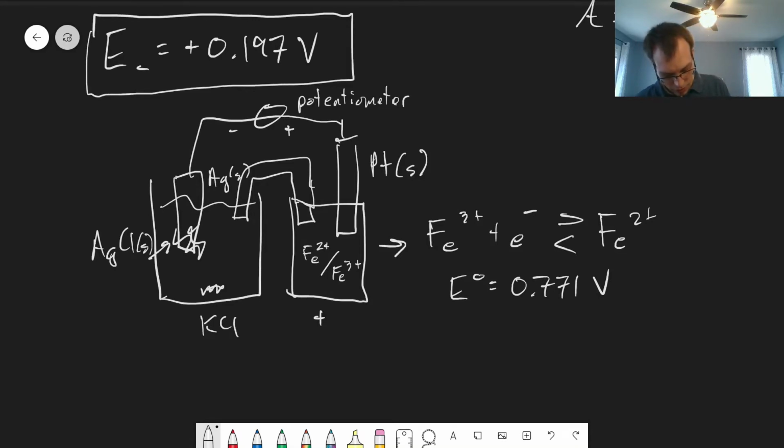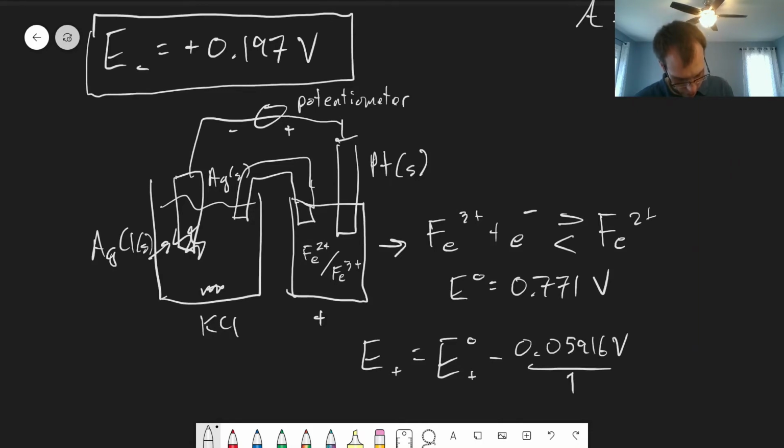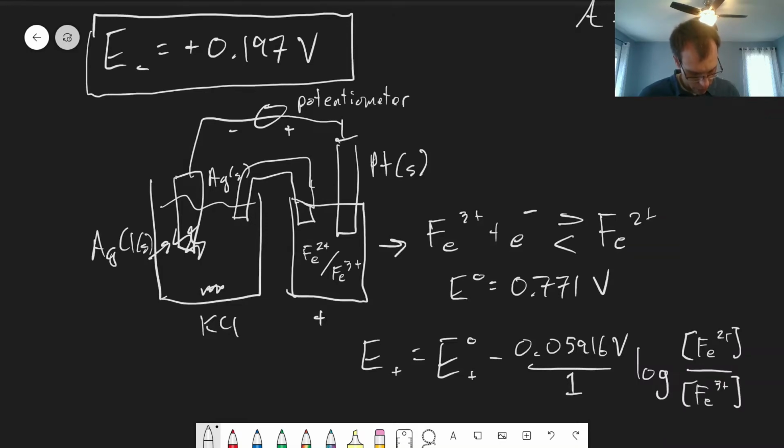If we write the Nernst equation for the positive side, we'll get E naught positive side, which E naught we have right above, minus 0.05916 volts divided by 1, because there's only one electron. And then we'll have the log of the concentration of iron 2 plus divided by the concentration of iron 3 plus.